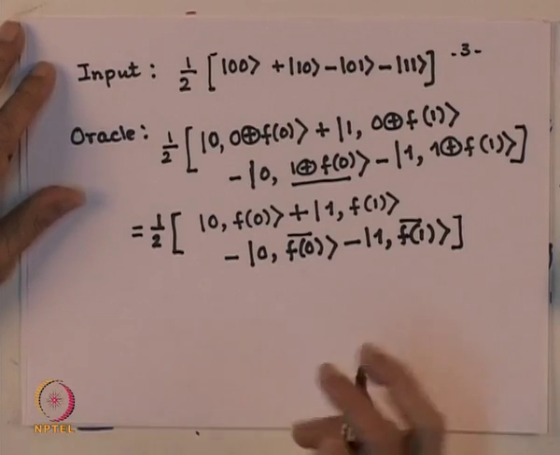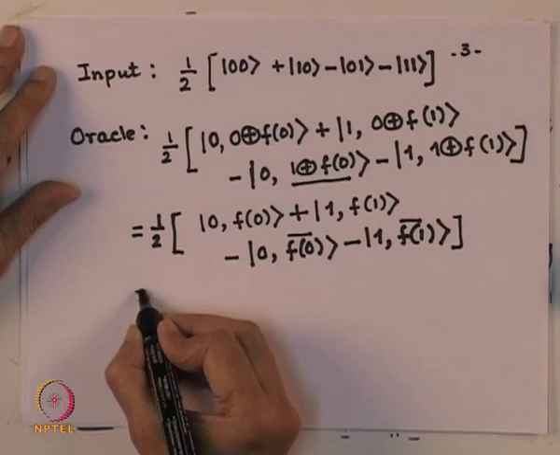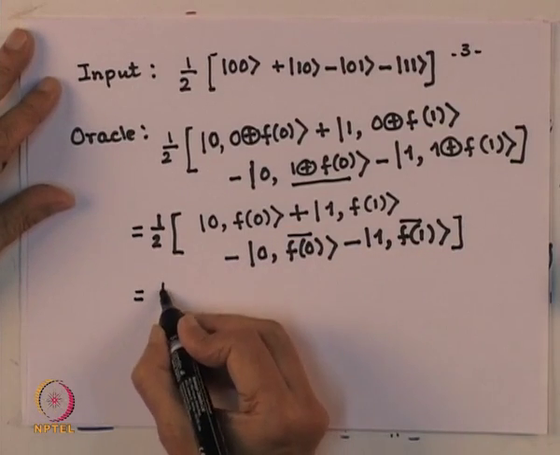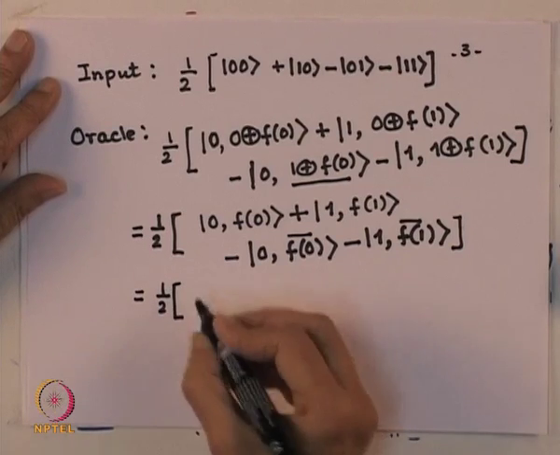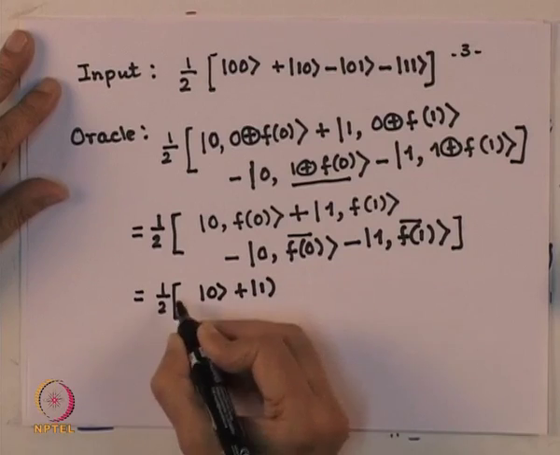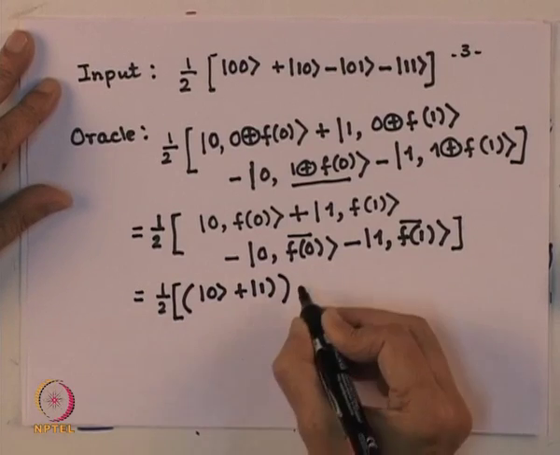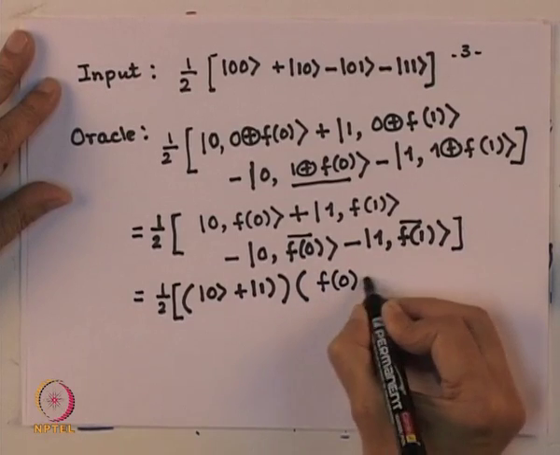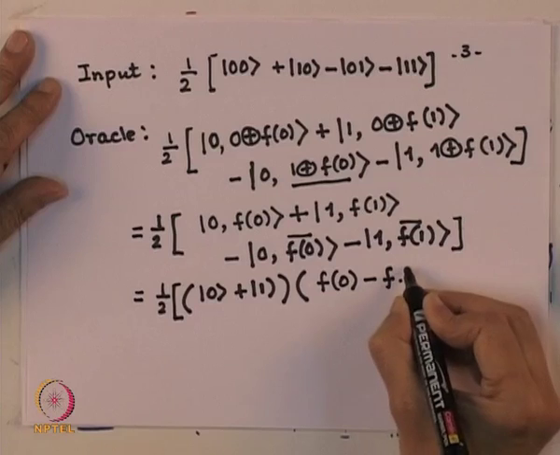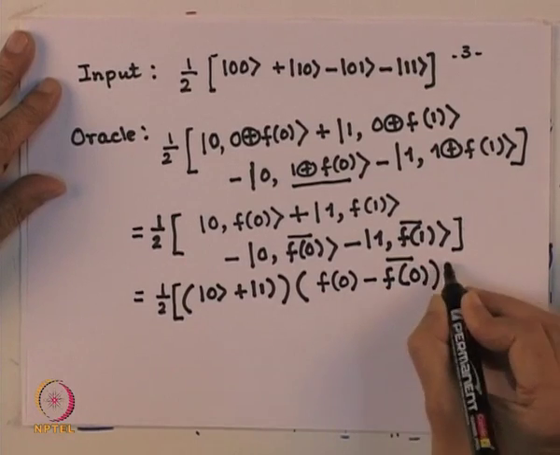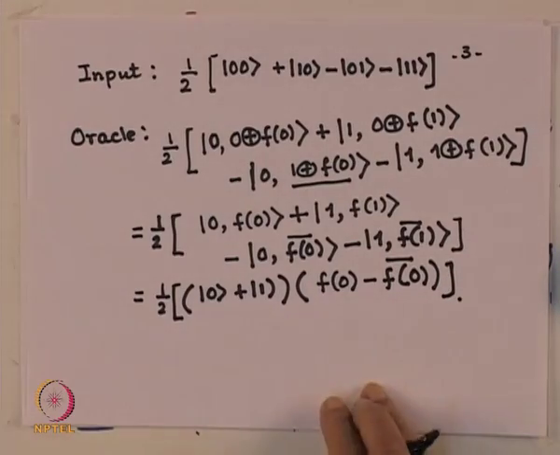So this is what is here. Now this output, if we look at the factors, tells me that I can write it as a half, (0 plus 1), take common, and I am left with f0 minus f0 bar. Okay.